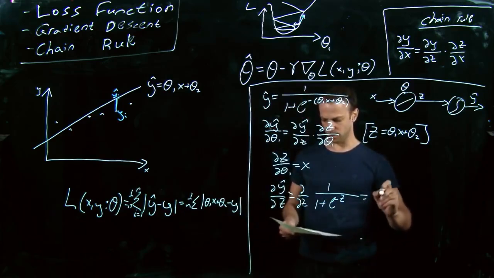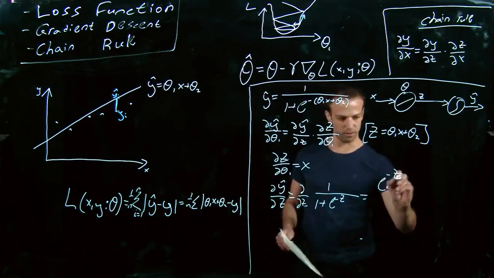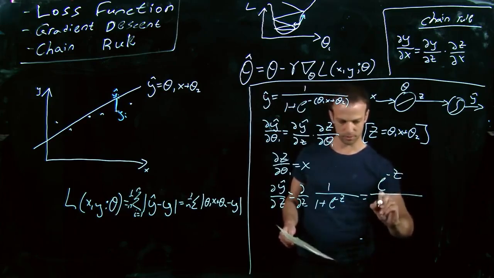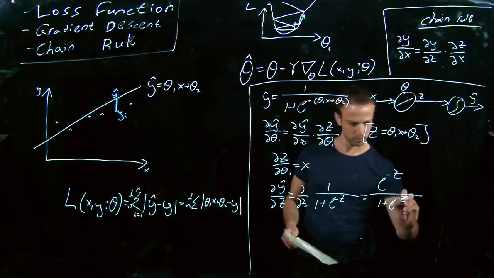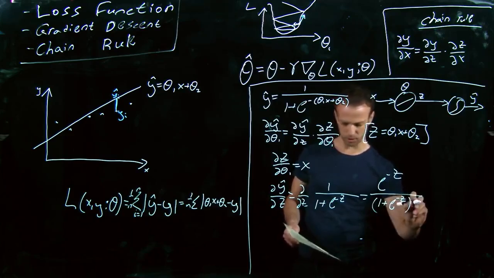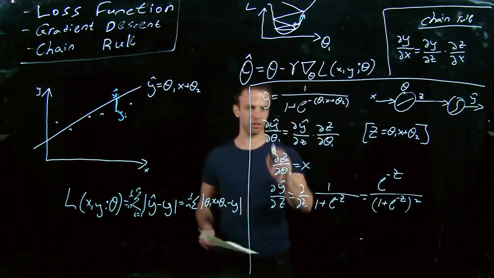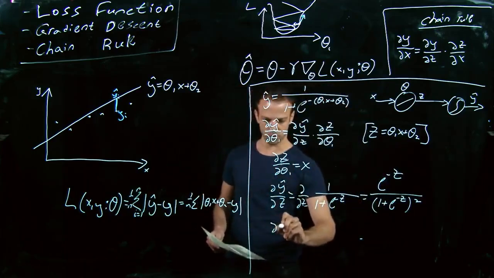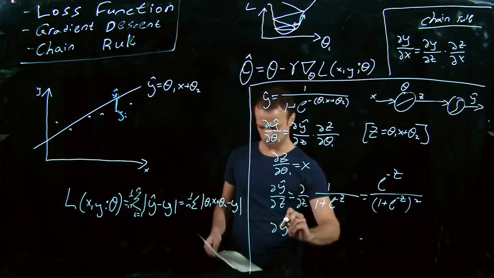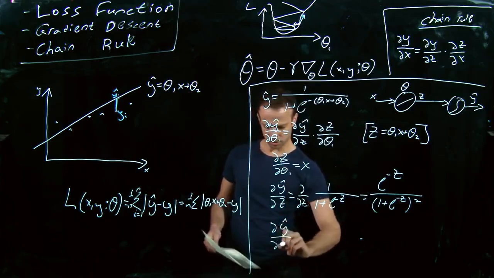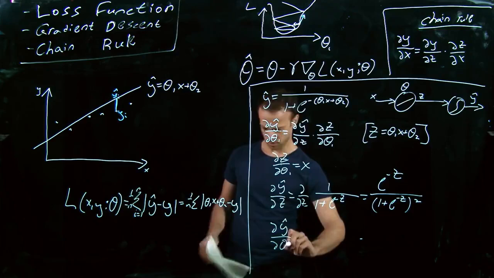but what you will get is that the derivative is this, minus z squared. Okay, so now I can just put those things together and use the chain rule to get my final derivative.